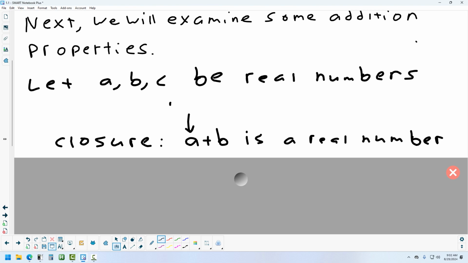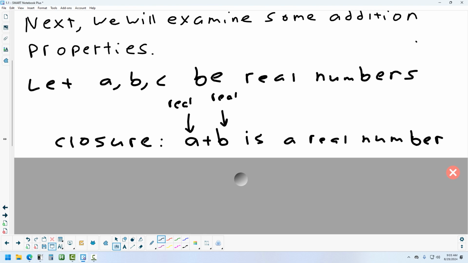Yep. And what kind of number does b represent? Another real number. And what I'm saying is that if you add a real number to a real number, the answer will always be a real number. It's impossible for it to not be.